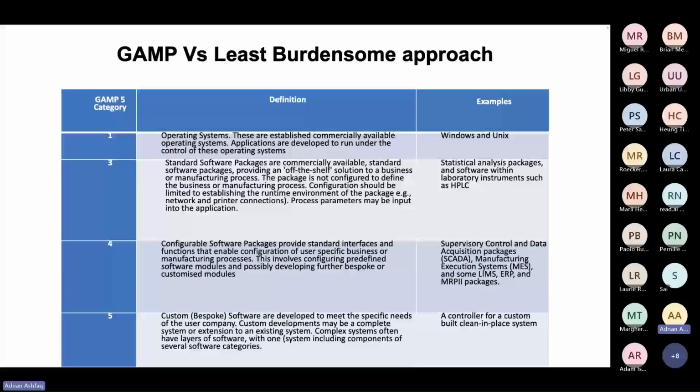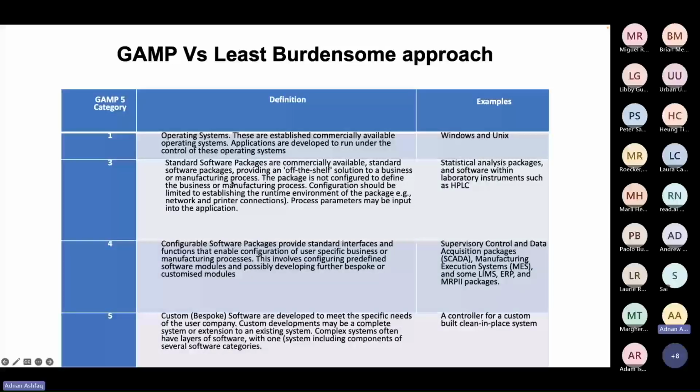And then you've got category 4, which is configurable software packages, providing standard interfaces like SCADA, LIMS, ERP packages, those types of things. And then you've got the final one, which is customized bespoke software, which has been built specifically to run a piece of equipment, such as a CIP, a clean in place, heavily automated systems.